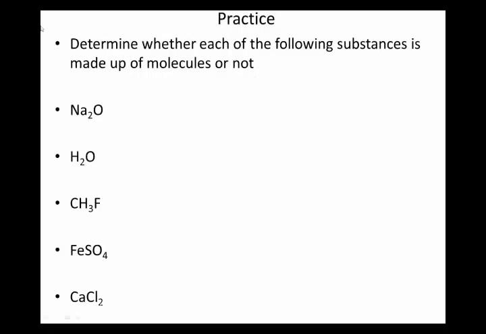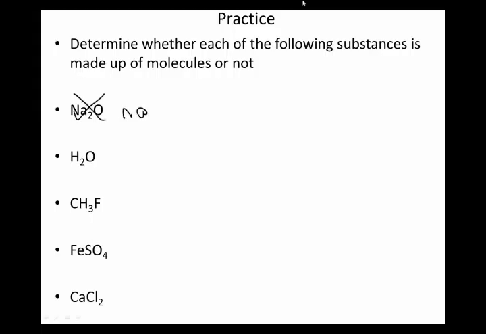I want you to take a moment and tell me whether each of these substances is made up of molecules, yes or no. Na2O, that's a metal and a nonmetal, so that's ionic, so it is not made up of molecules.